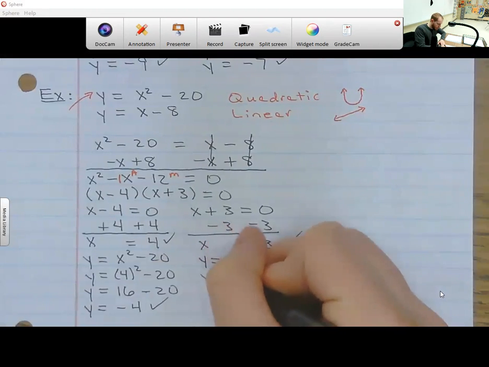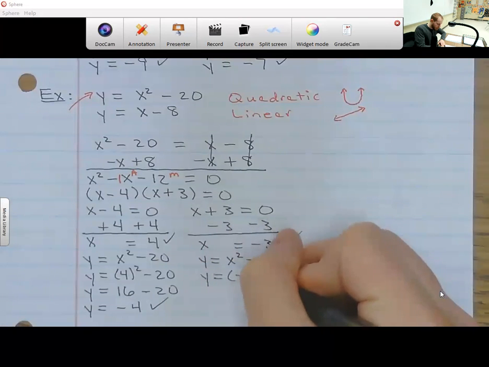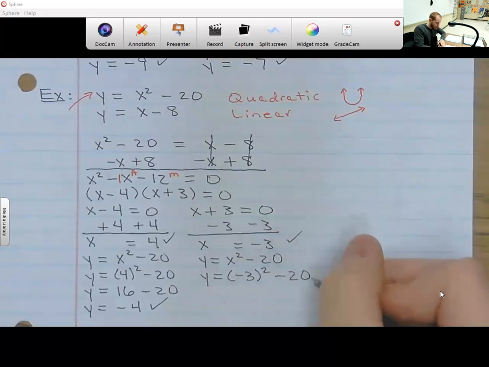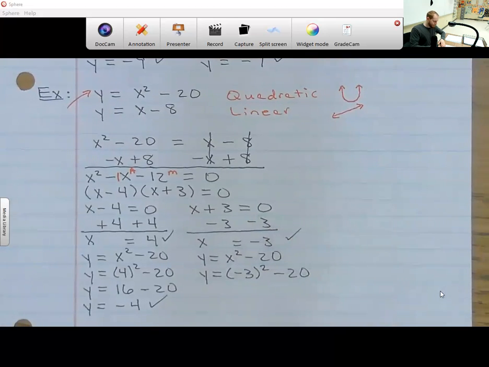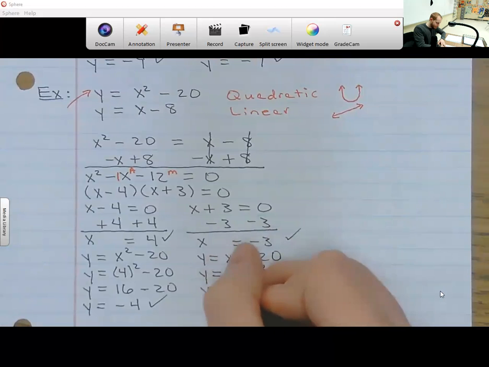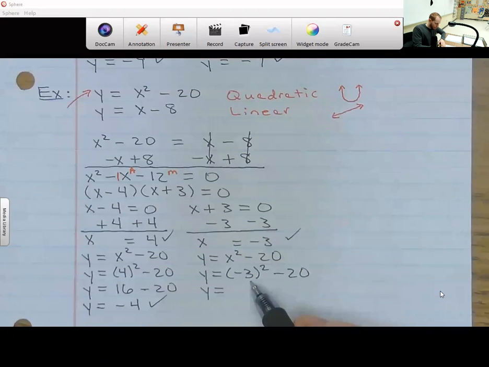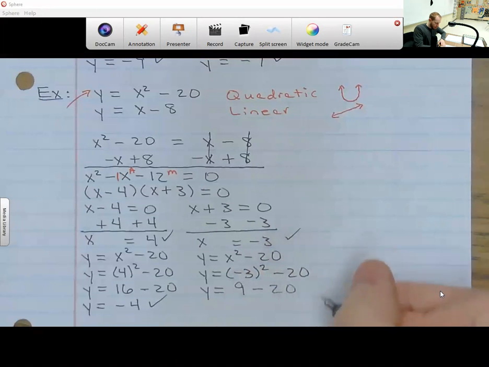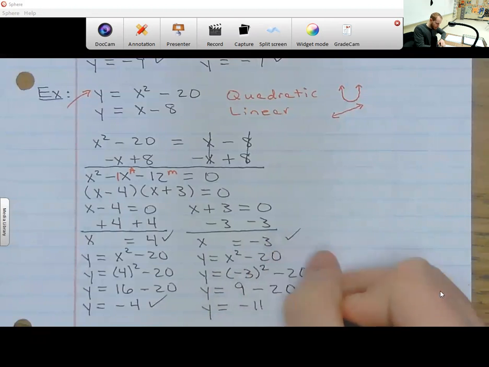So I get y equals, put that negative 3 in parentheses and then square it, and then subtract 20 from that. All right, negative 3 squared, that's going to be a positive 9. Do not put a negative 9. And then minus 20 is negative 11.